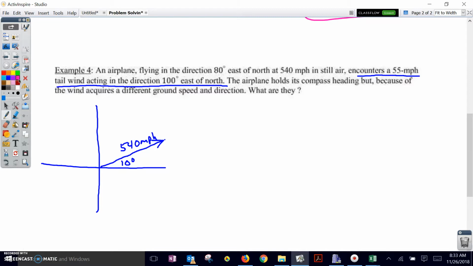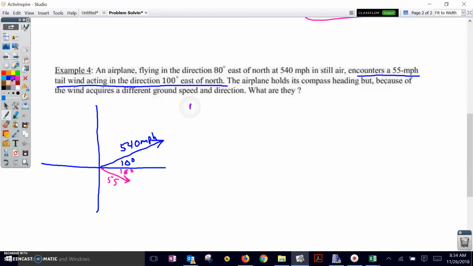So the wind vector looks like this one, 100 degrees east of north, at 55 miles per hour. And it's 100 degrees east of north, so it's a 10-degree angle with the horizontal axis. And now we want to add these two vectors together to figure out what's going on with our airplane.